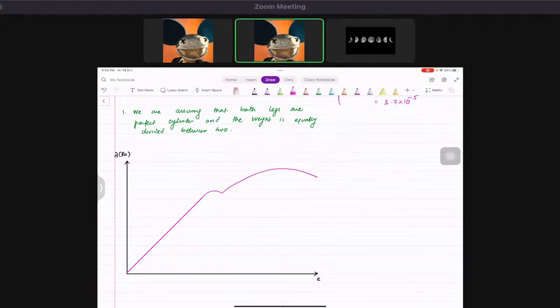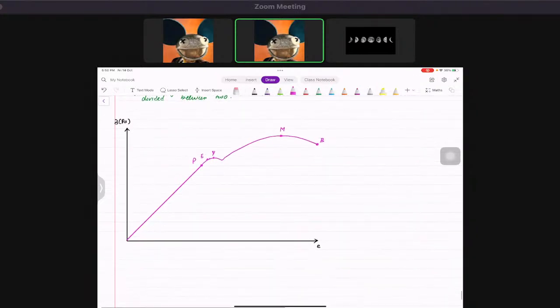Now, when you just look at the graph, just before it starts to bend, this is basically, let's say, point A. Just after this, there is E, and just here there is, okay, let's write P, let's write Y, let's write M, and let's write B. Okay, so these are the points. Now I just want to tell you one by one what exactly this is.